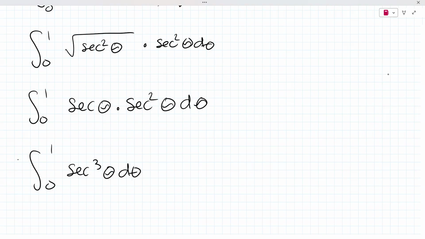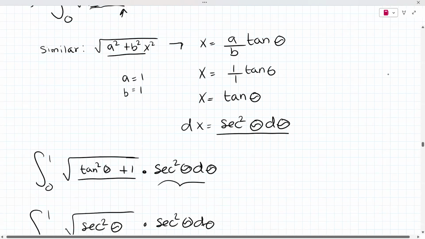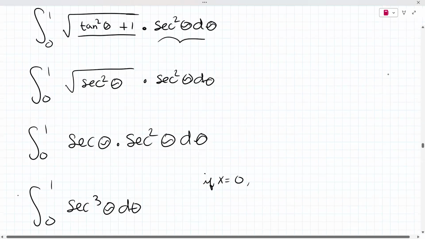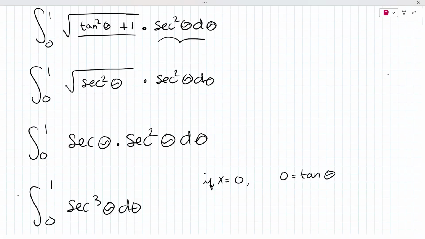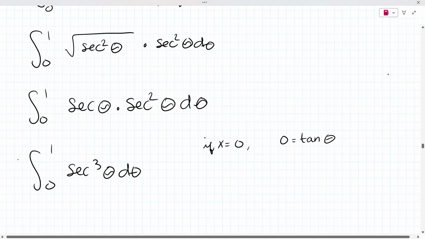Okay, let's change our boundaries. Our original boundaries are from 0 to 1. I don't want to use those boundaries. So if x equals 0, and we said that x equals tan theta, it's like saying 0 equals tan theta. So what angle in radians is going to give you a tangent of 0?